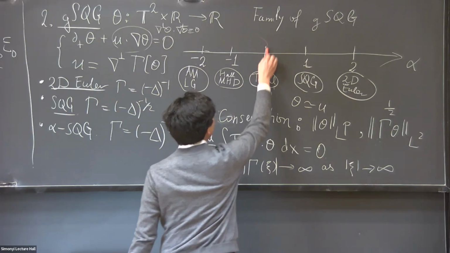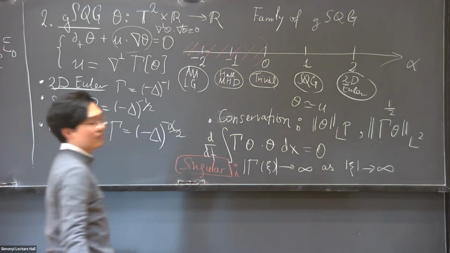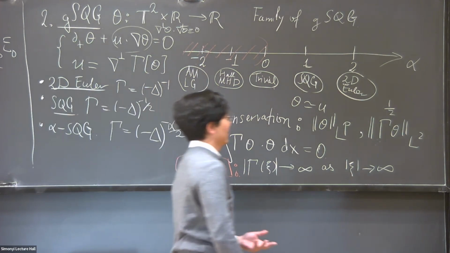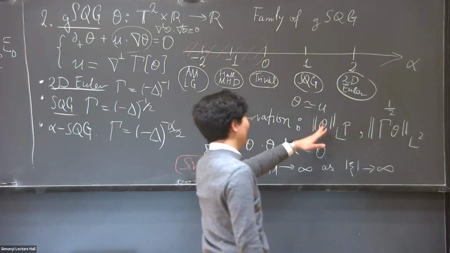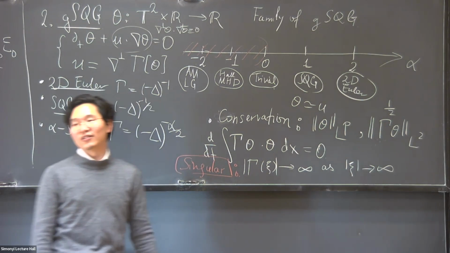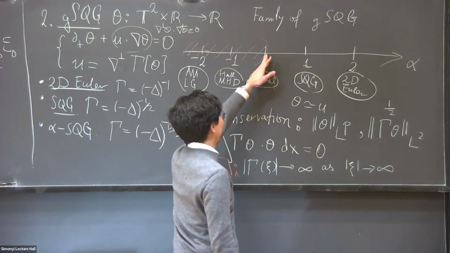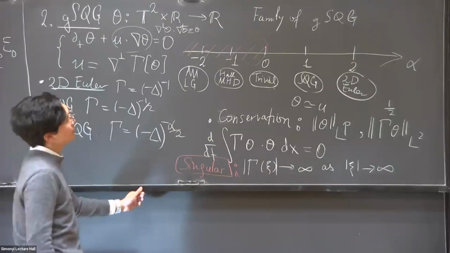So in this picture, this is the singular region. What's interesting is that, at least on the L2 basis, this becomes a stronger conservation law than this as soon as the multiplier becomes singular. And recall that there is also this special cancellation when gamma is the identity operator.